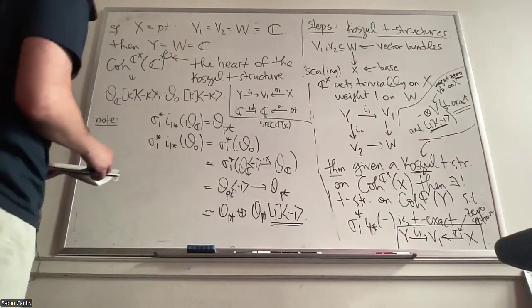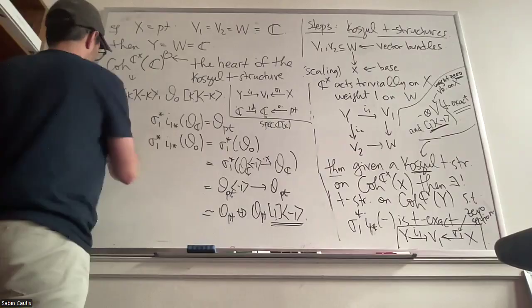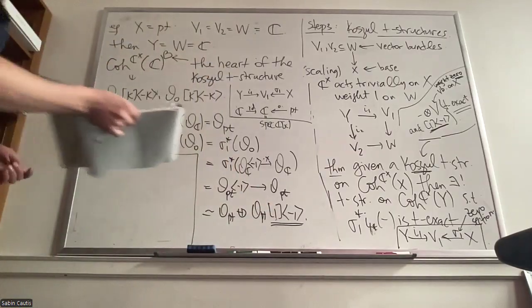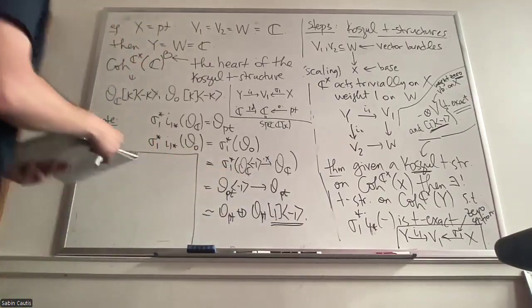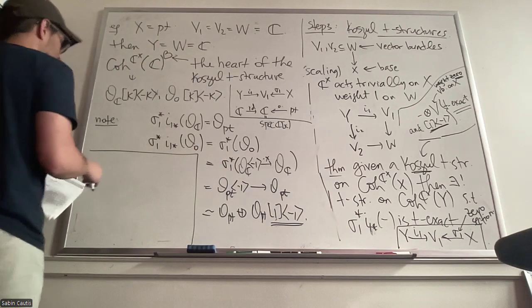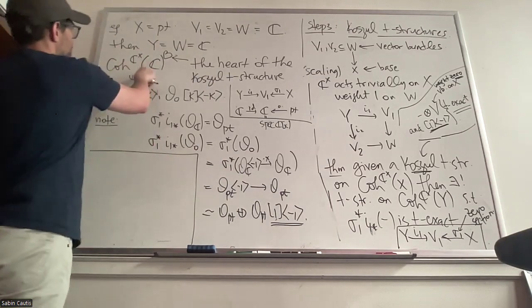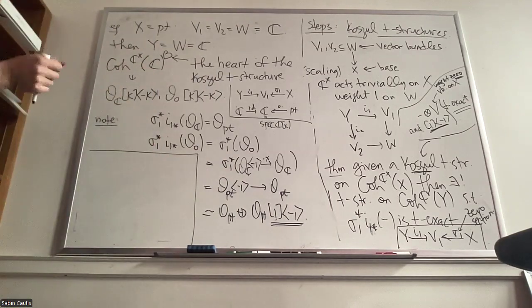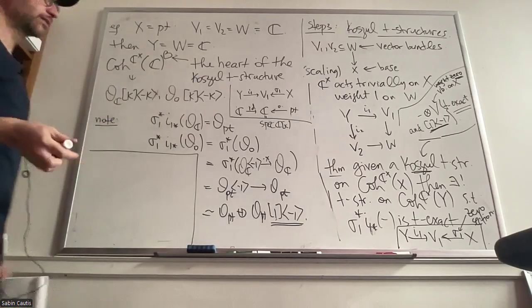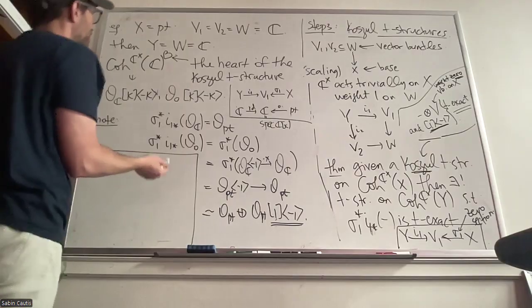Okay, let's see what else to say. So that explains why the 1 minus 1 has to show up. One thing interesting to note about this heart is that it's finite length. The usual heart on C, of course, is not finite length. So let's get an idea of why it is finite length.